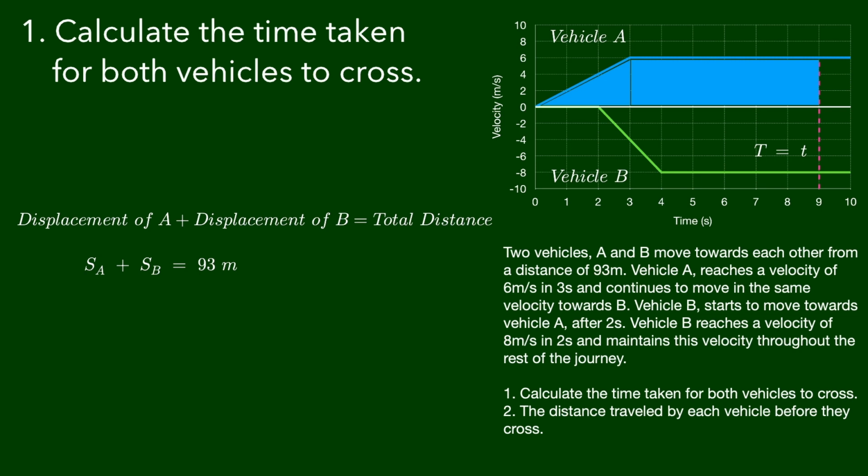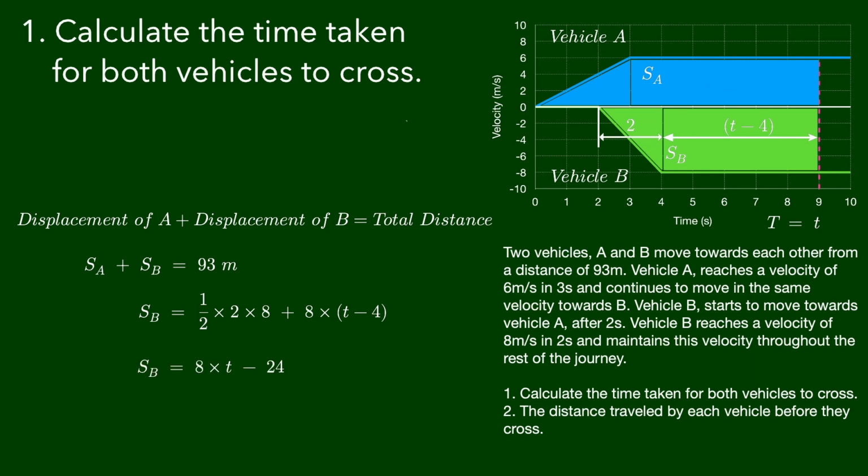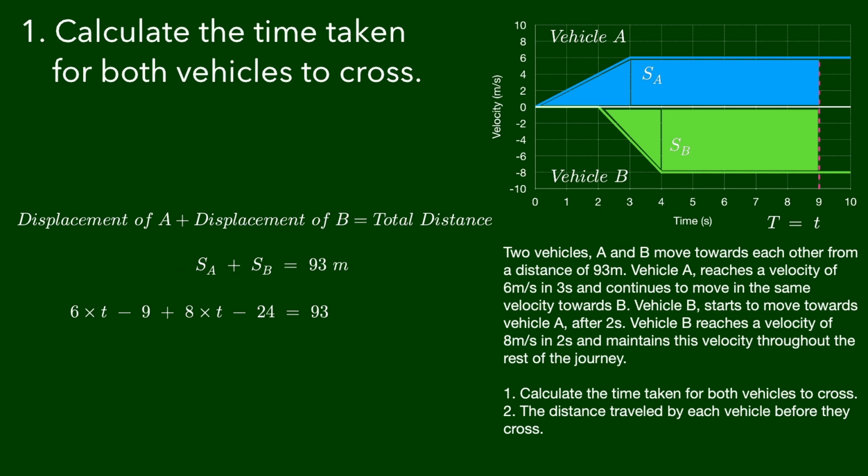We can calculate the displacement of both vehicles at time t from the area under each graph, which is shown in the graph. We can rearrange the expression, taking time as the subject. Now we can calculate the value of t, in seconds.